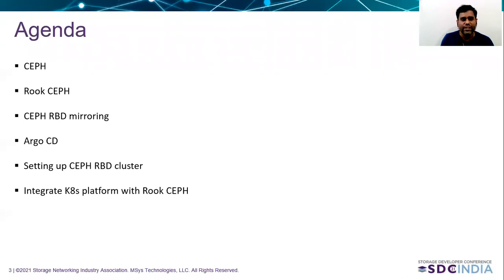Then Ceph RBD Mirroring and the replication types in it, and what is ArgoCD and what are the features available in it. Then we are going to see about setting up a Ceph RBD cluster with examples. And after that, we are going to see how to integrate the Kubernetes platform with Rook Ceph.